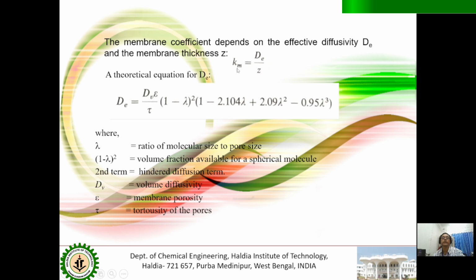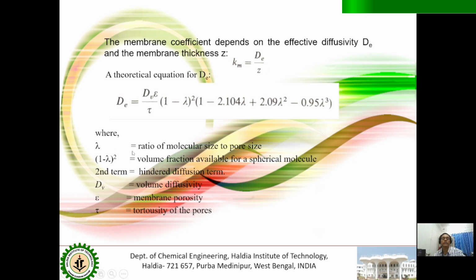So Km = D/z, and there is also an equation for the effective diffusivity like this one: D = Dv ε/τ (1 - λ)² (1 - 2.104λ + 2.09λ³ - 0.95λ⁵). These are the empirical relationships to estimate the effective diffusivity.